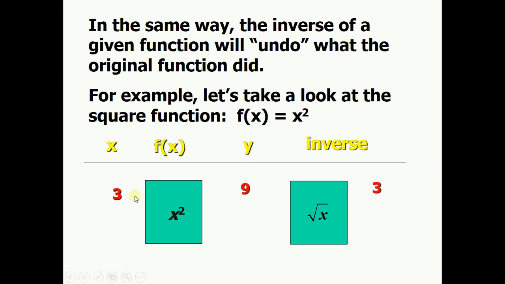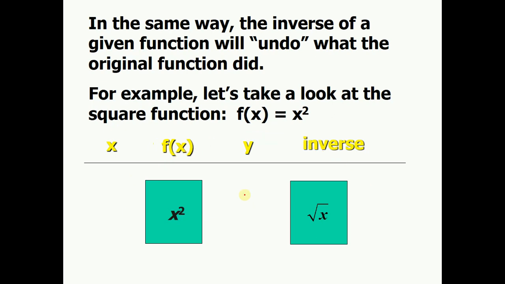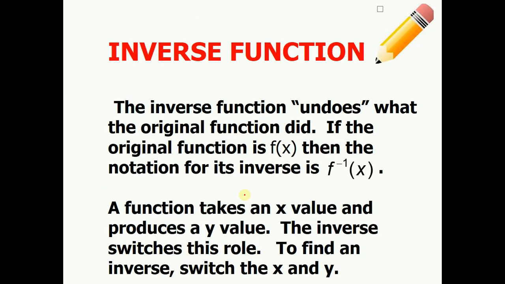Notice, guys, how from here to here, I got the same value because I ran it through the function and then I ran it through the inverse function. Same thing if I would do it with 11, I'd get 121. Inverse, give me 11. So what we're going to be finding is inverse functions.